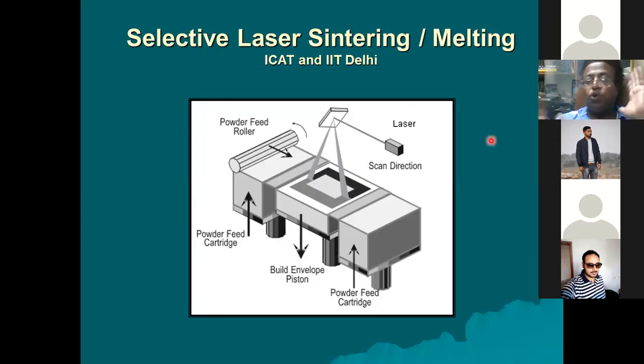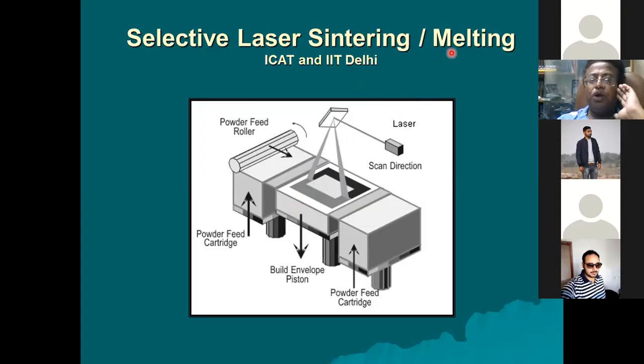Now, please note that on the same machine, you cannot process polymers as well as metal because the temperature ranges are very different. The sintering machine, which deposits polymers, can go to a maximum temperature of 300 degrees Celsius.